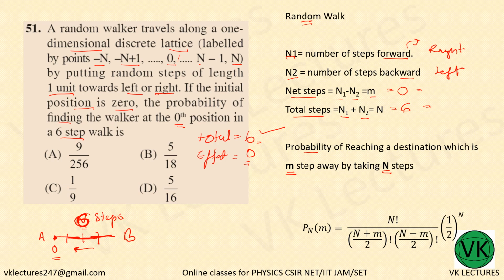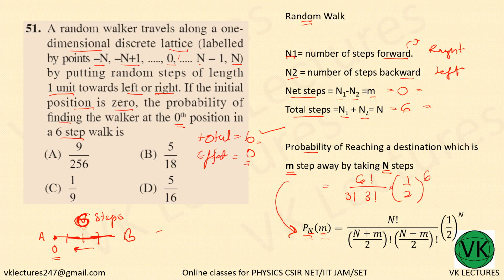Then the probability P_N of m, the probability of reaching the destination which is m steps away by taking capital N steps, is N factorial divided by (N plus m)/2 factorial into (N minus m)/2 factorial, into (1/2) to the power N. So that is equal to 6 factorial divided by, m is 0 here, so 3 factorial into 3 factorial, into (1/2) to the power 6.